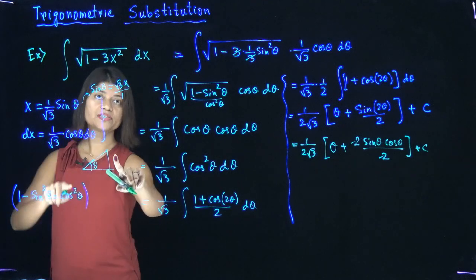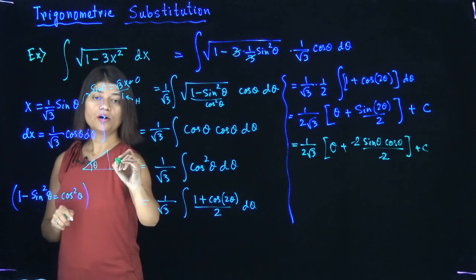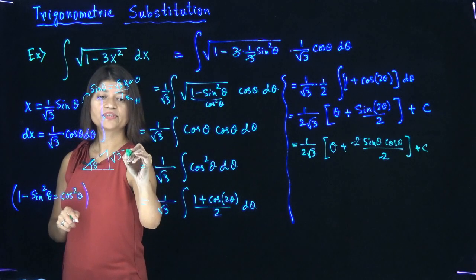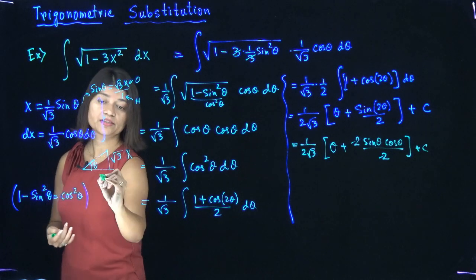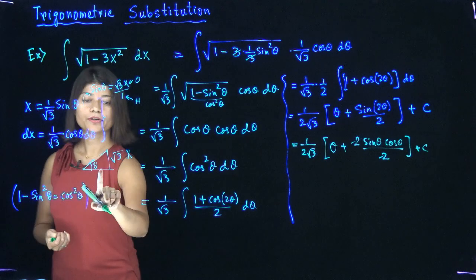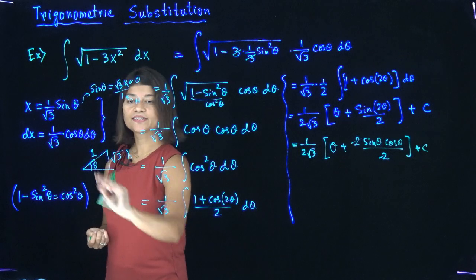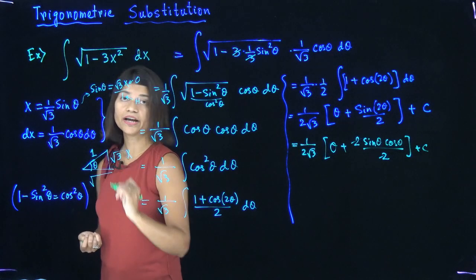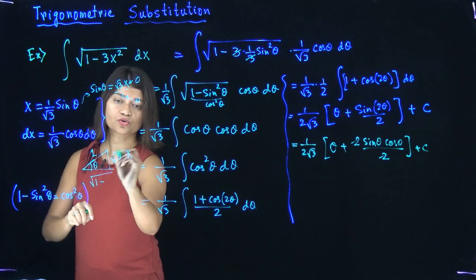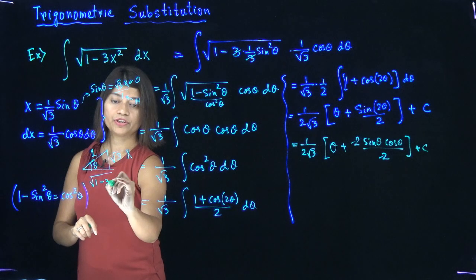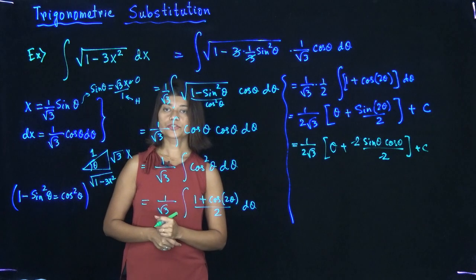Sine is opposite over hypotenuse, so opposite will be square root of 3 times x. Remember, x is not inside the square root. And the hypotenuse, there is no denominator, means it is 1. Oh sorry, my bad, the hypotenuse is right here. That's 1. So two sides we found. How to find the third side using Pythagorean? It's 1 squared minus this squared, which is 3x squared. Looks right, looks good.